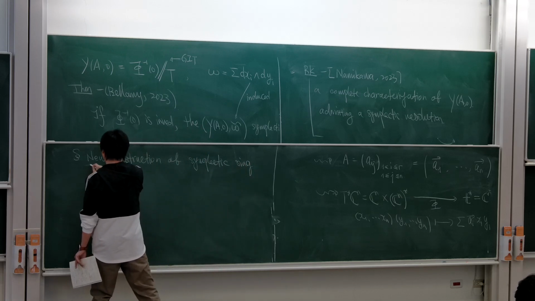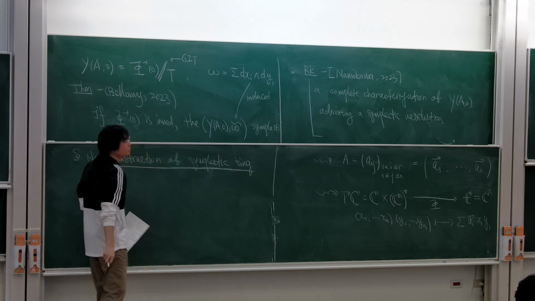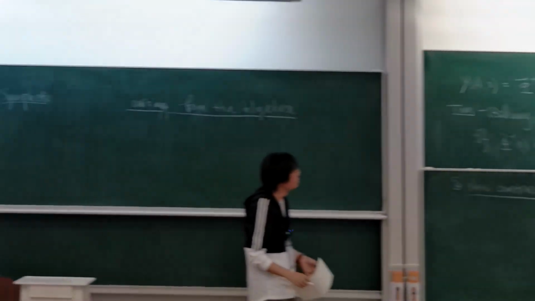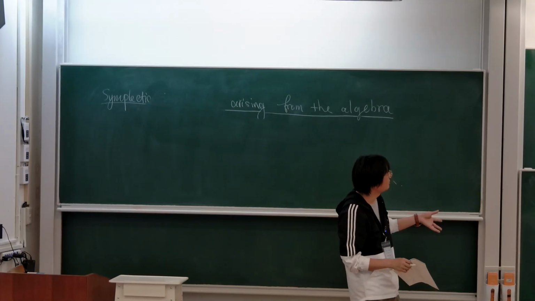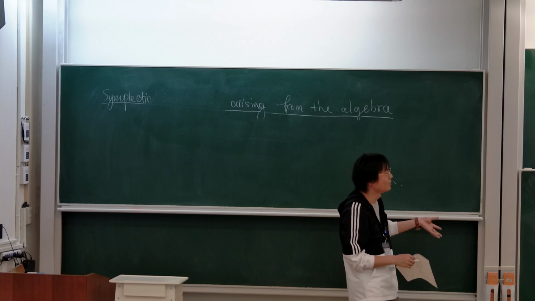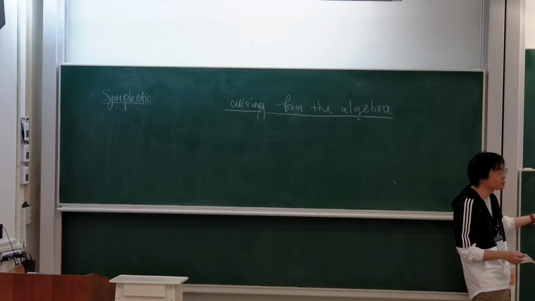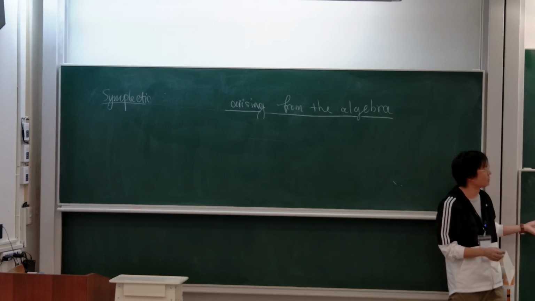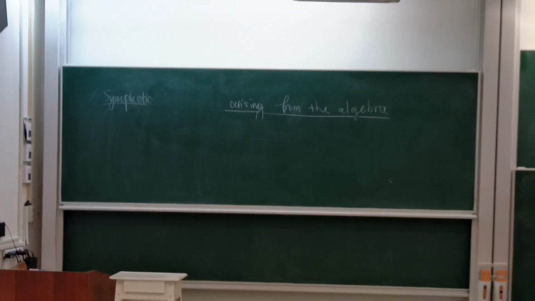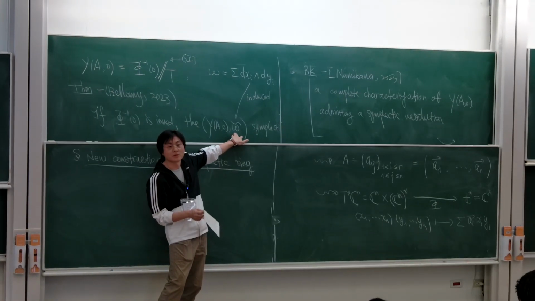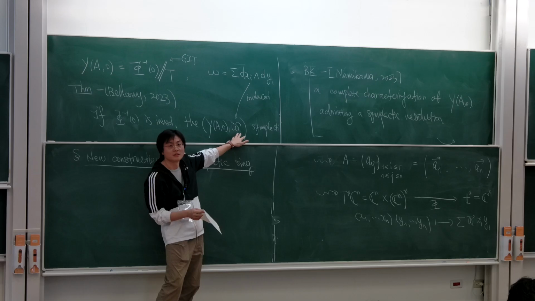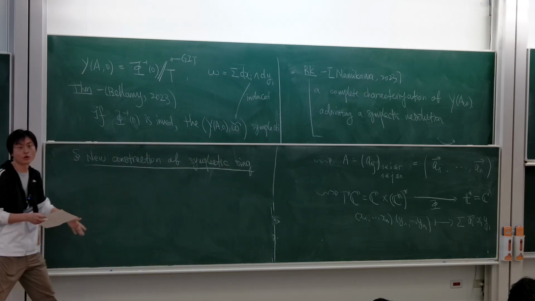Actually, the idea of this construction is very easy. In fact, if you want to construct a singularity, that's quite easy, right? You take an arbitrary variety. In general, it should be singular. But the problem is that you need to find some symplectic form over its regular locus. In general, this is quite difficult.